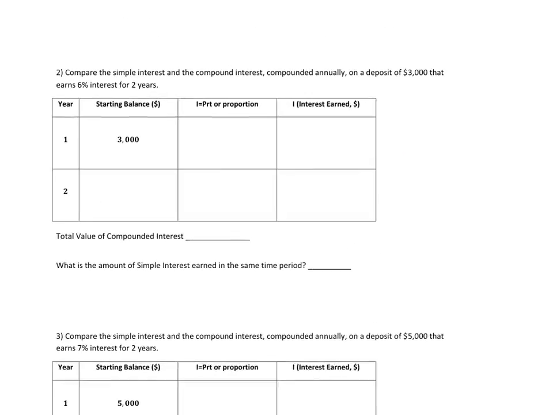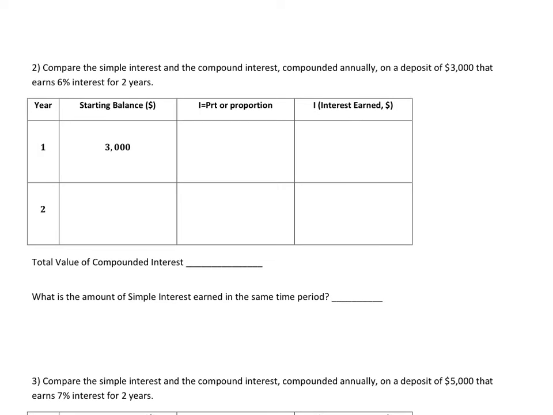Okay, look at this one. Compare the simple interest and the compound interest of $3,000 at 6% for 2 years. So I equals $3,000 times 0.06 times 2. That's the simple interest one. So just for time, I'm multiplying 0.06 times 2, and I'm getting $360 is how much interest he earns.